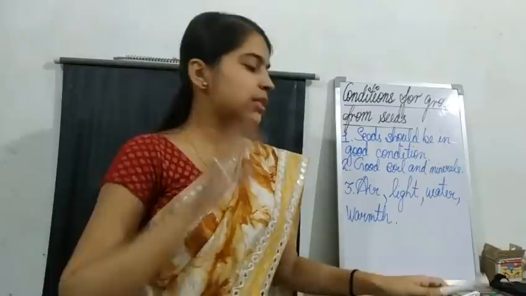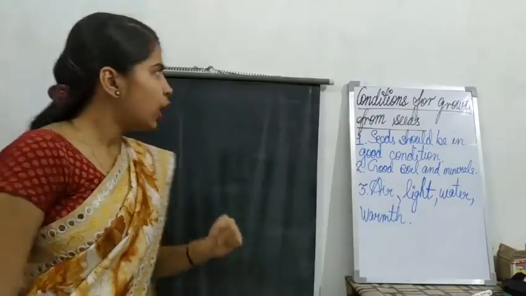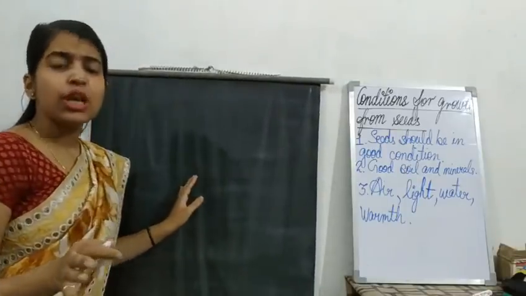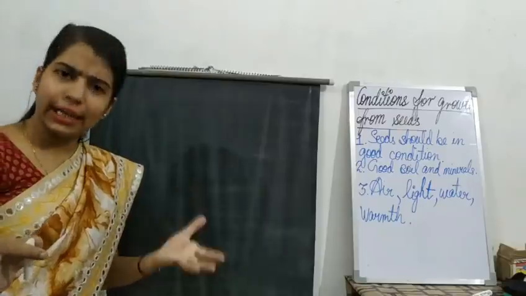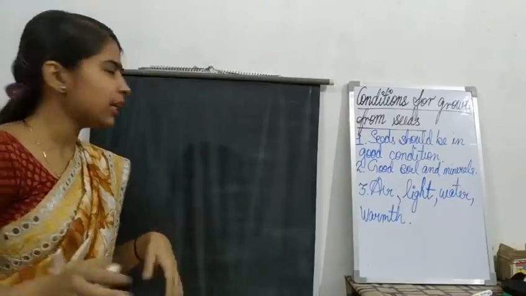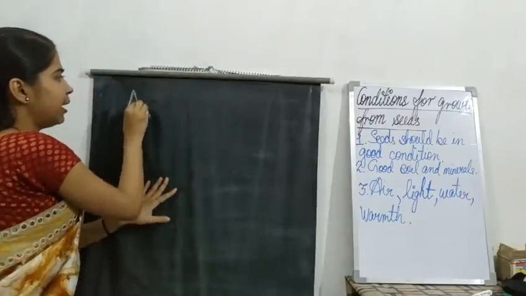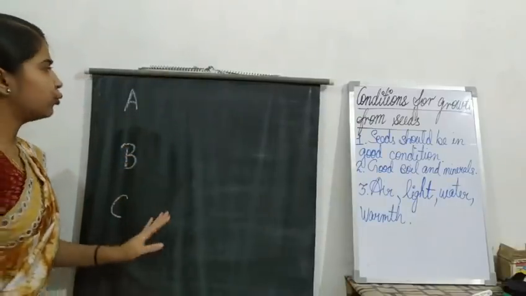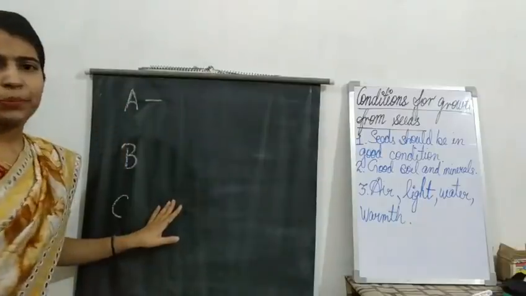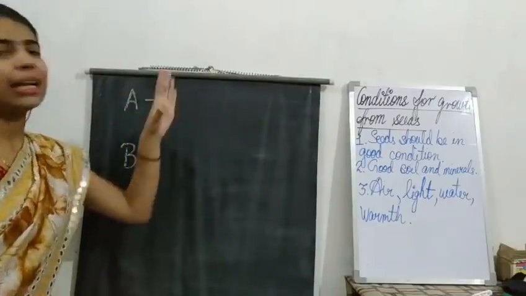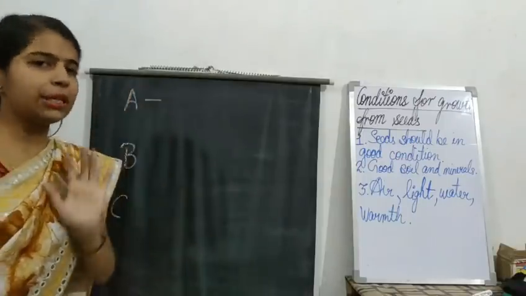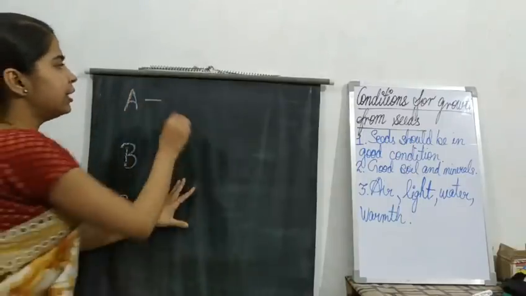So see, here is one more activity or experiment you can say. You take 3 bowls, and in each of the 3 bowls, you take any of the seeds. You can take gram seed. Label them A, B, and C. In the first one, you put the seeds and keep it at the side of the window, in the daytime, not during the night.